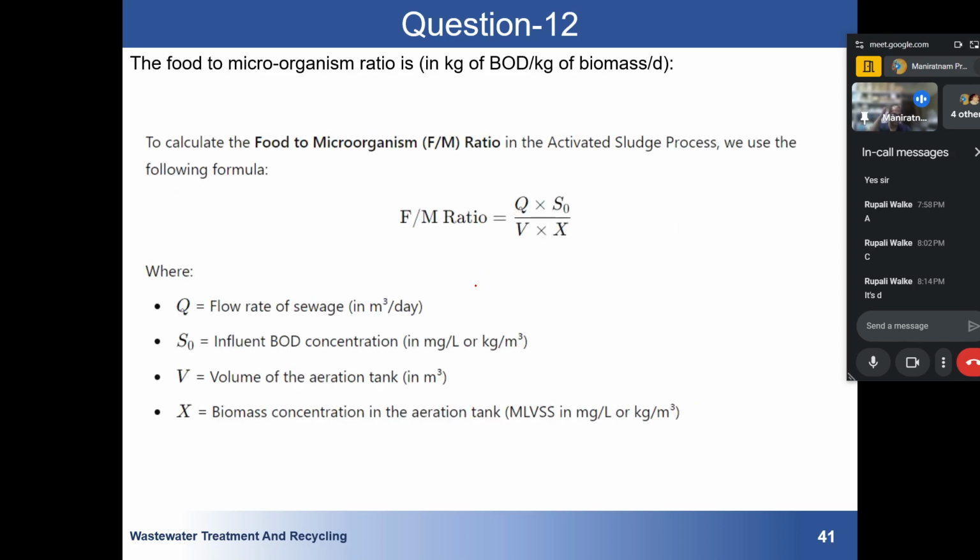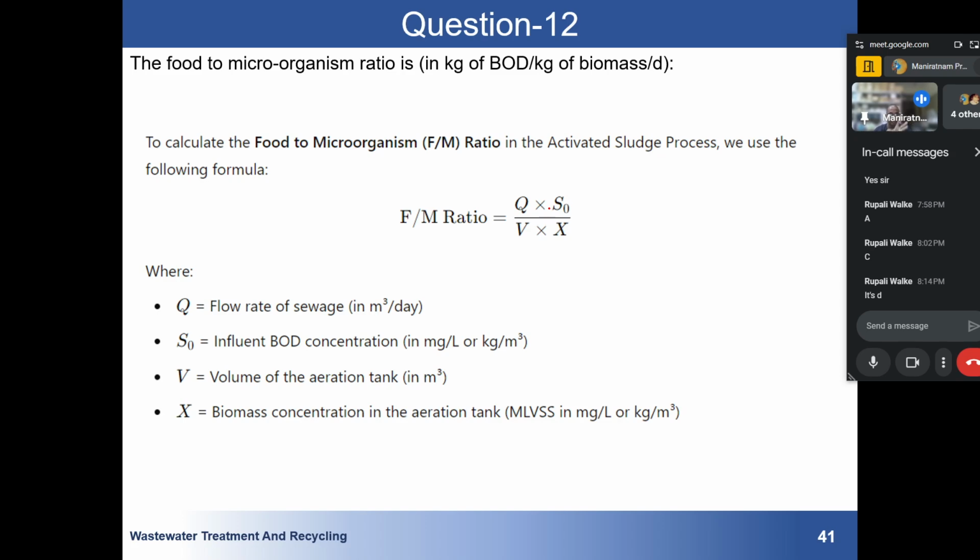I have already said that to calculate food by mass ratio we use the following formula: food by mass ratio equal to Q into S naught divided by V into X. Food means S naught, which means BOD. Food is our organic matter, and how is organic matter quantified in the activated sludge process? It is quantified by means of BOD. The only way to measure the amount of organic matter is in the form of BOD.